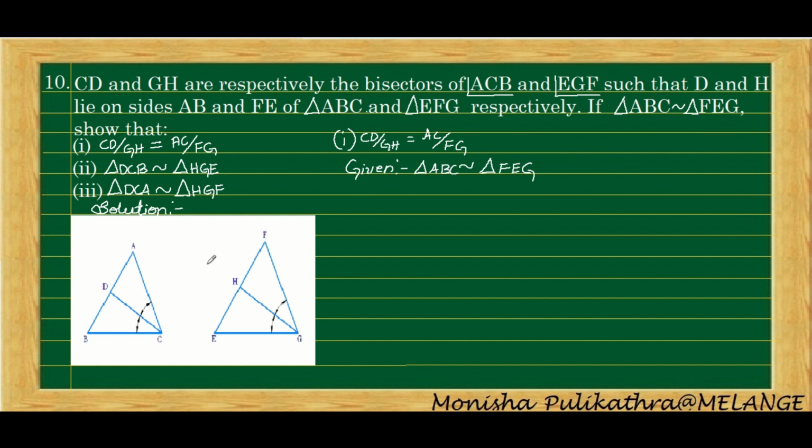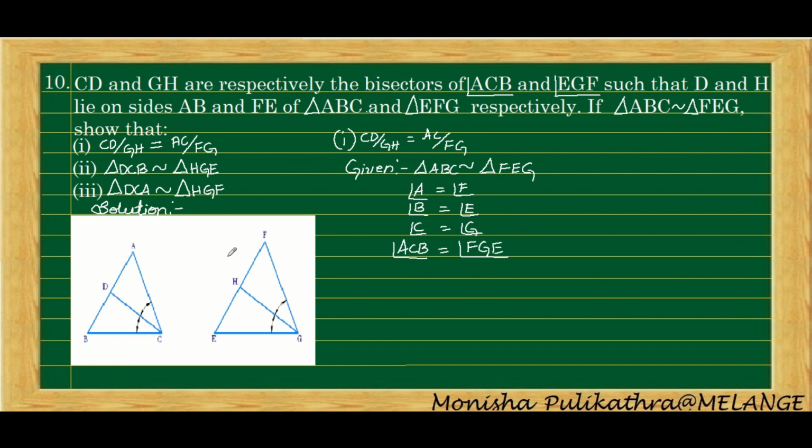If two triangles are similar, then their corresponding sides are proportional and their angles are equal. So angle A should be equal to angle F, angle B is equal to angle E, and angle C is equal to angle G. So angle ACB is equal to angle FGE, since they have given it.